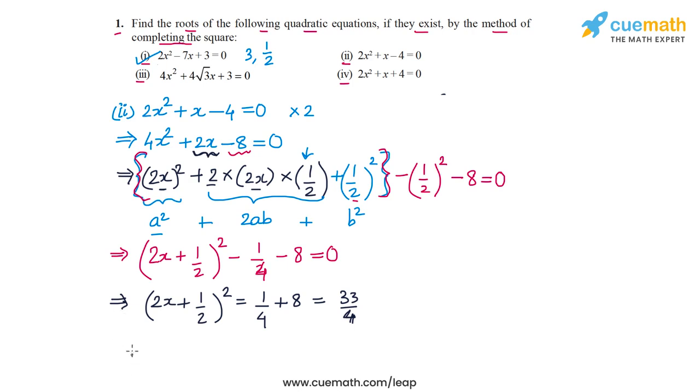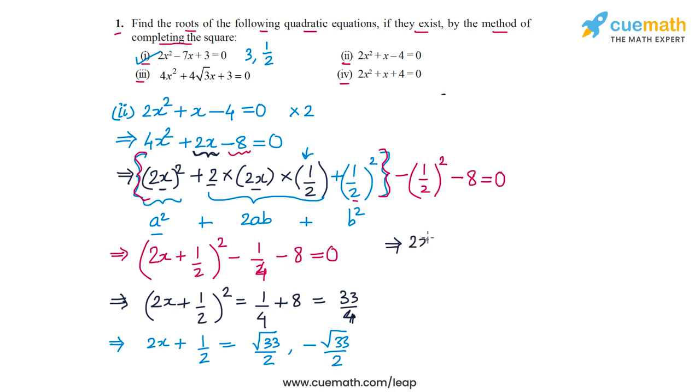Now all we need to do is to take the square roots on both sides. If we do that, we will get 2x plus half is equal to the square root of 33 by 4, which can be either root 33 by 2 or minus root 33 by 2. So this is what we get, and now from here we can isolate the values of x.